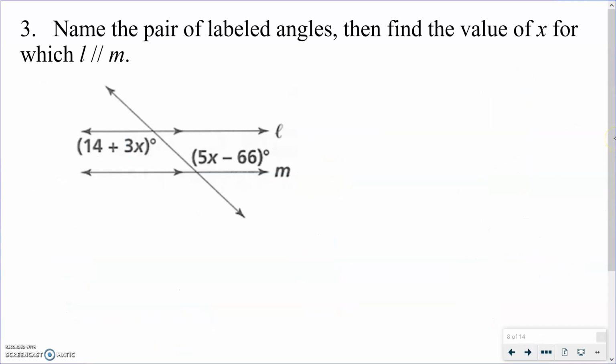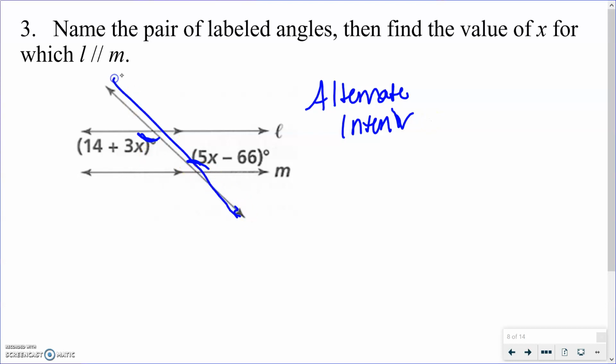Okay, on this one, we are going to find the value of x to make these two angles, which are alternate interior angles, congruent. Again, they're on alternating sides of this transversal line here, and they're interior to those parallel lines. And so we know they should be congruent.